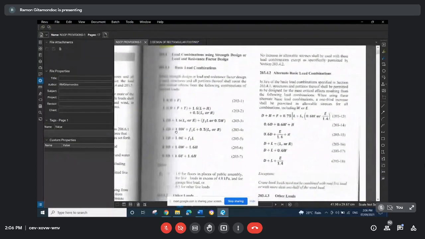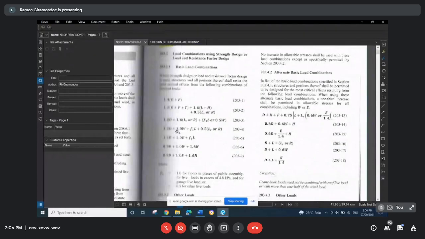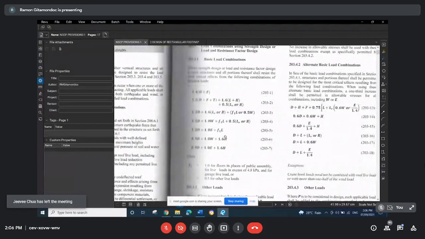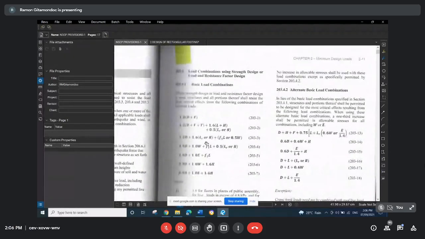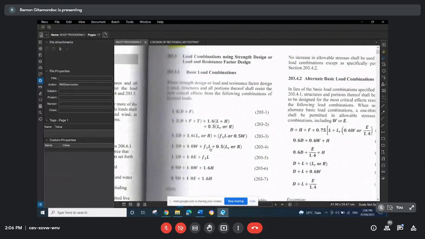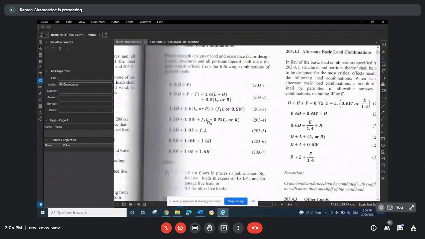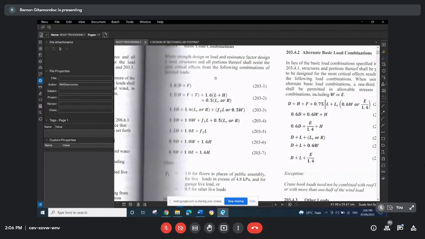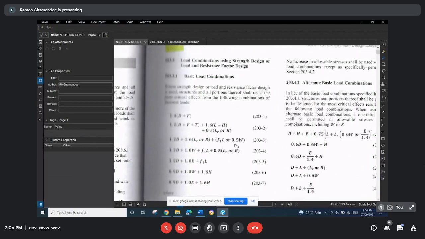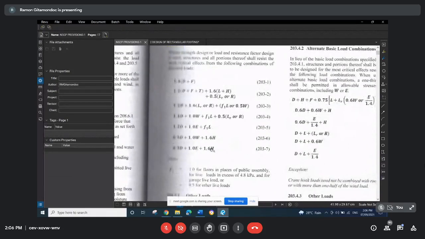Now, there are two sets of load combination. The first set is on the load resistance factor design method, LRFD, or the strength method, which is the one that we are using in our discussion. We are using the strength design method for reinforced concrete and the load resistance factor design method for structural steel.